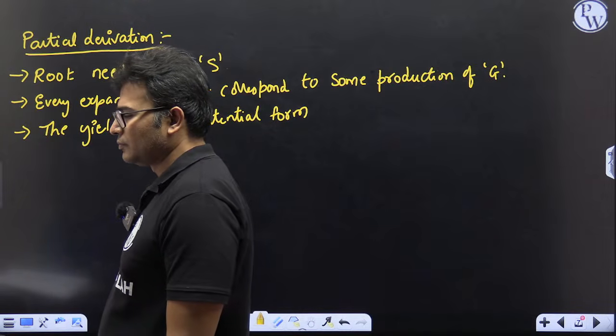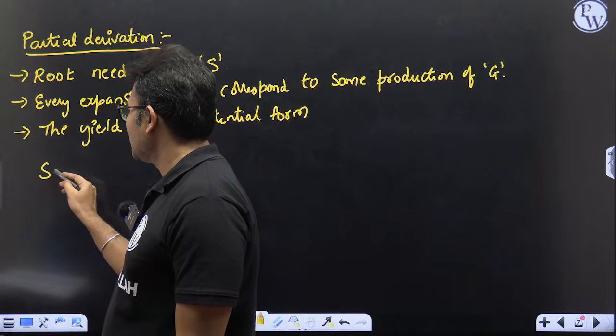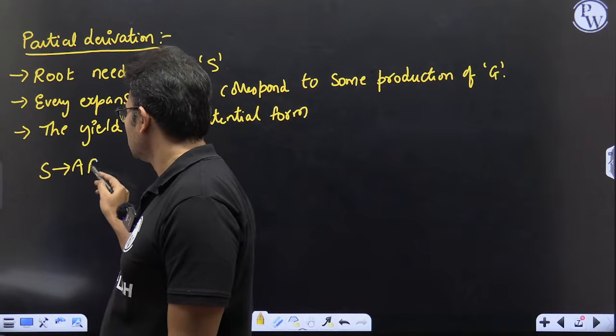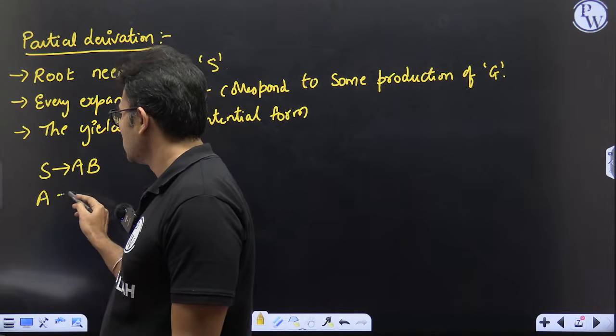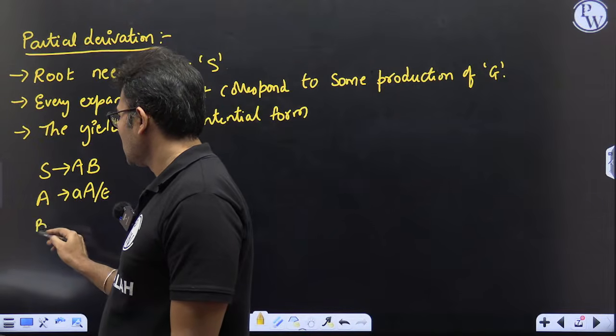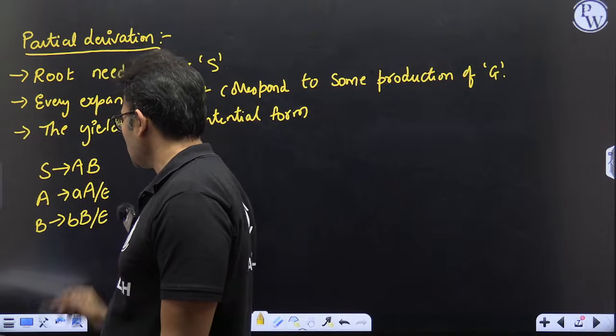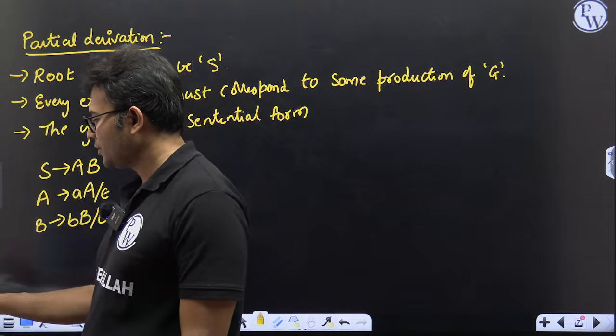For example, take this grammar. S derives AB, A derives AA or epsilon, B derives BB or epsilon.